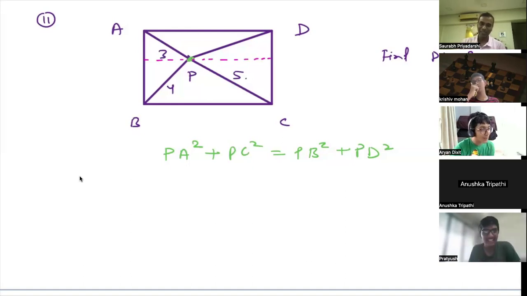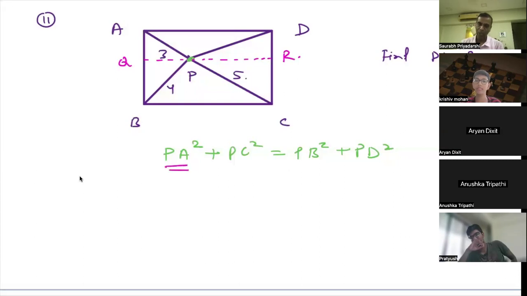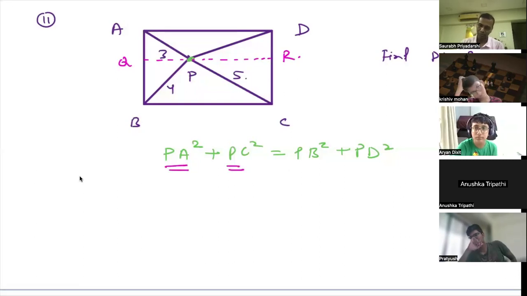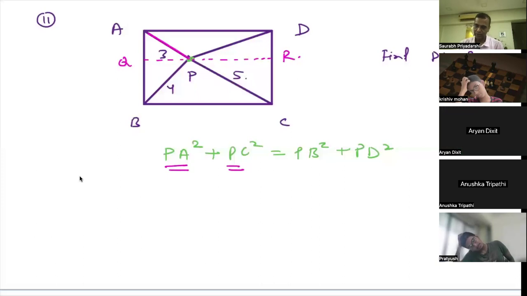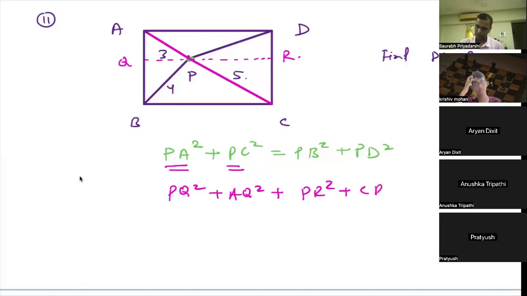It's a simple thing. I'm taking these points Q and R. So for PA square plus PC square, PA square is PQ square plus AQ square, plus PC square is PR square plus CR square.